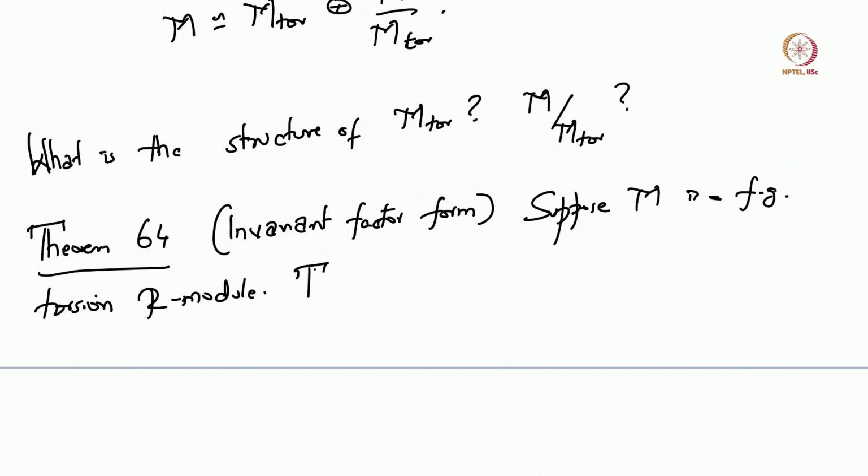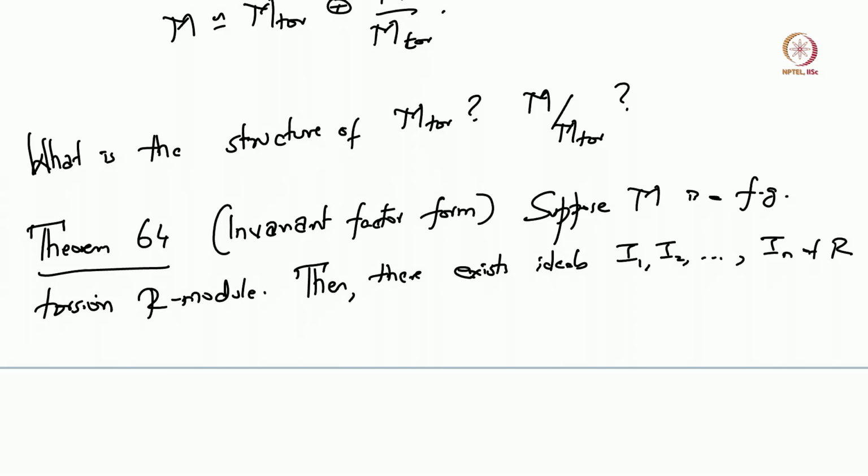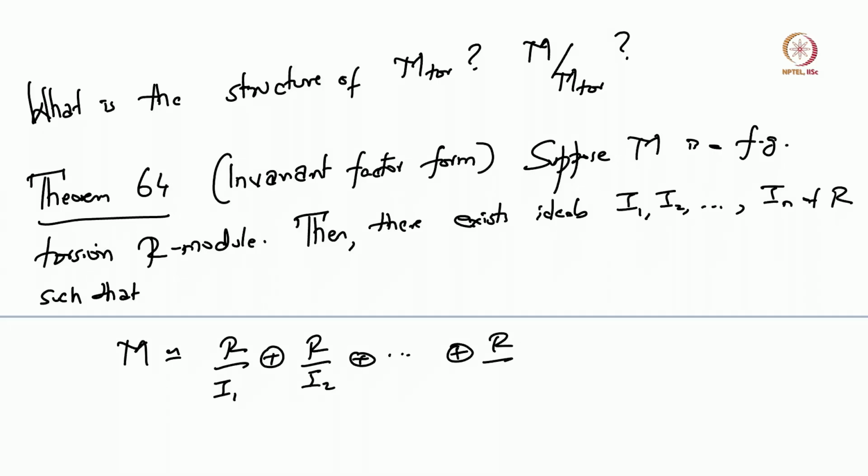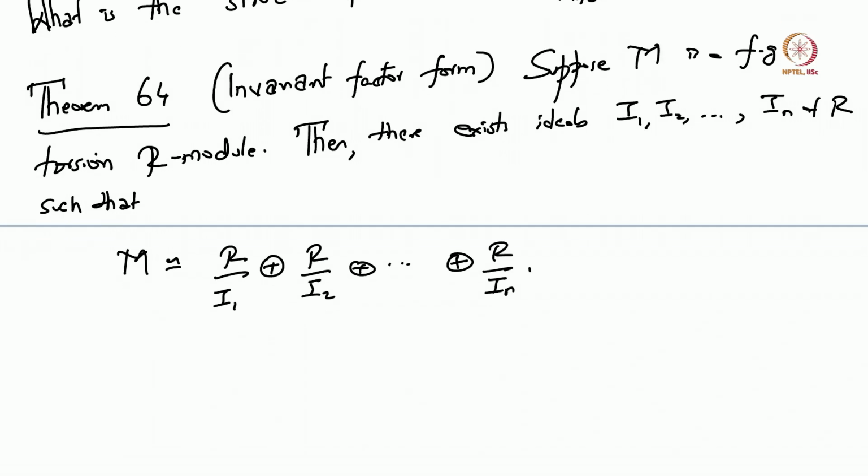Then there exist ideals I1, I2, up to In of R such that M is isomorphic to R mod I1 plus R mod I2, and so on, up to R mod In, with the property that I1 sits inside I2, inside I3, and so on up to In.